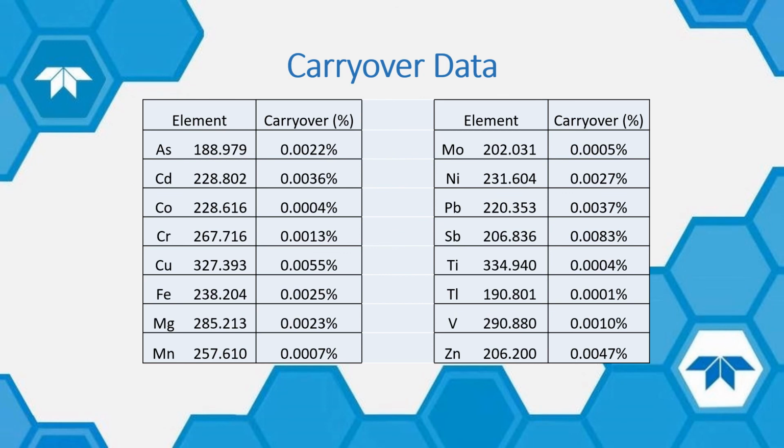This is actually from another study that we did where we were testing the system for carryover limits. What we did is we prepared a calibration curve from a stock standard of 100 ppm. We ran blanks at the beginning and at the end of the run to establish a baseline. We ran a blank, or prepared a blank, directly after the 100 ppm standard, and then prepared a couple more blanks.